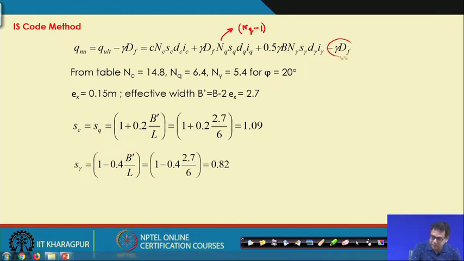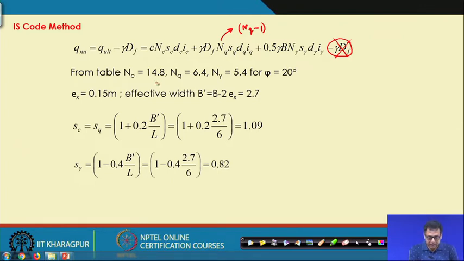So this is not there as per the IS code, but this is a general expression. In the IS code you use this one, but then your value will be slightly changed, because the actual recommendation is Nq minus 1 as per the IS code. In other cases you have to follow the general expression, but as the IS code recommends Nq minus 1, we will use that.